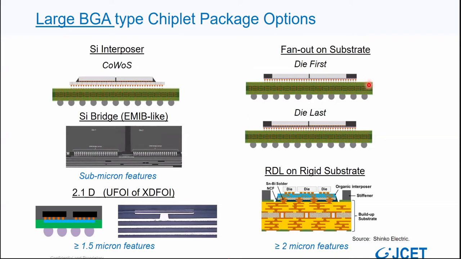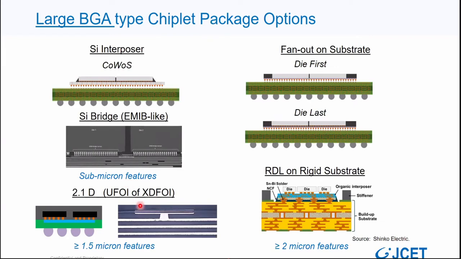Then the third one is fan out on substrate, or RDL first, die last, or die first, RDL last. This die last one also covers fan out RDL as an interposer, and the third one is 2.1D.